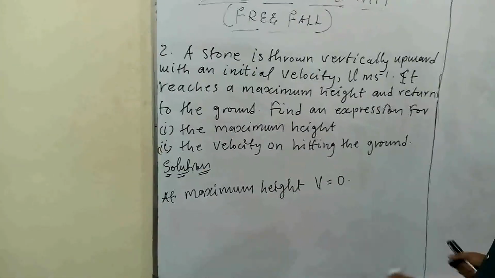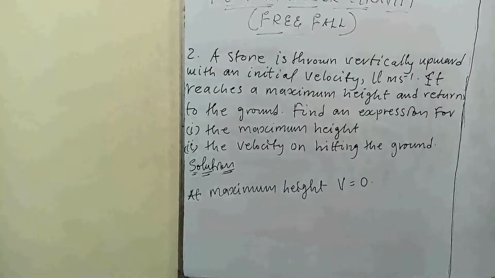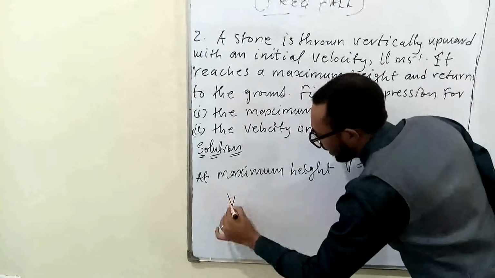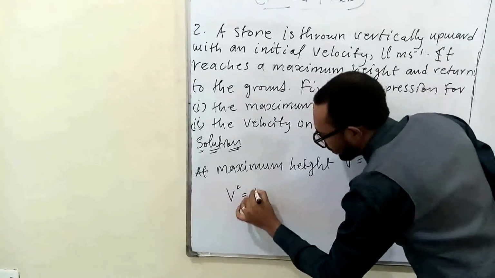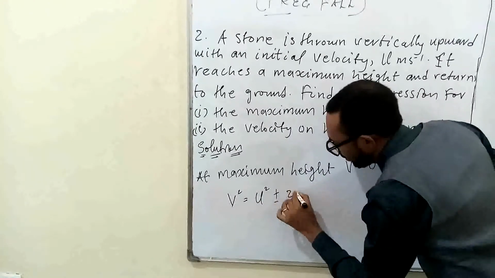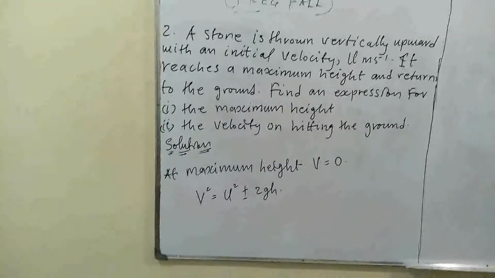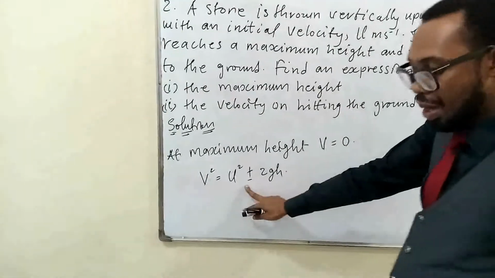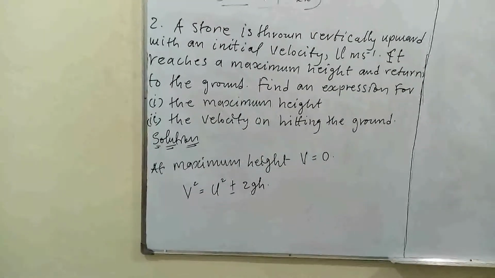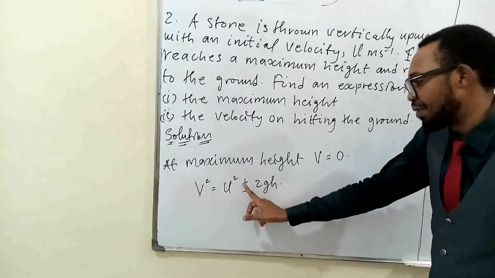If v, which is the final velocity, is equal to, we are certain that it's going to be the equation of motion, which is v squared equals u squared plus or minus 2gh. I keep explaining whether g is supposed to be positive or negative.